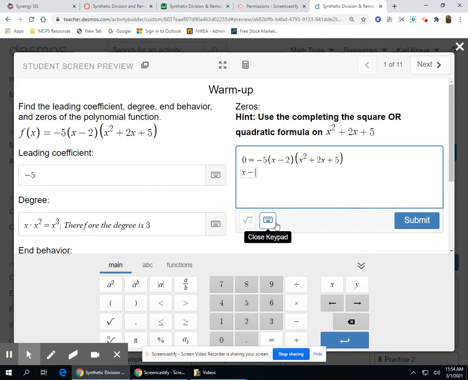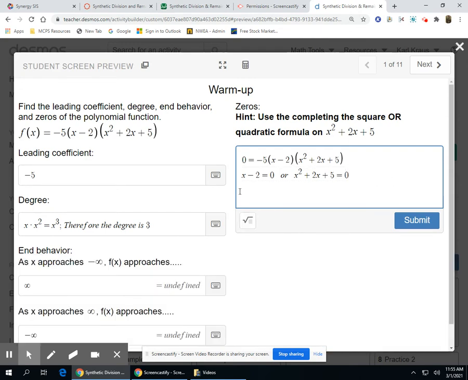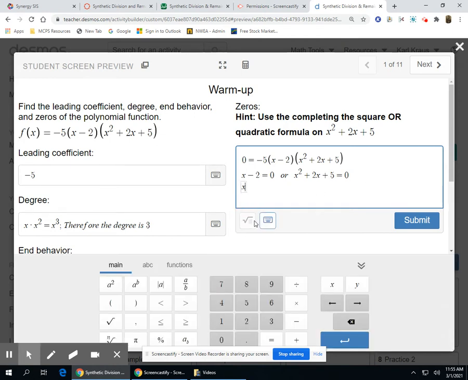So x minus 2 equals 0, or x squared plus 2x plus 5 equals 0. Just solve both of those. On the left here, x equals positive 2, sorry, x equals 2.